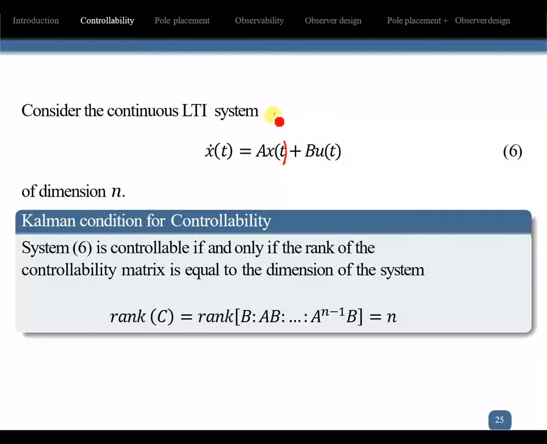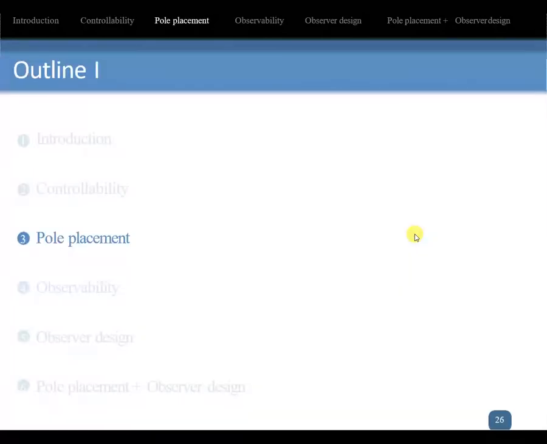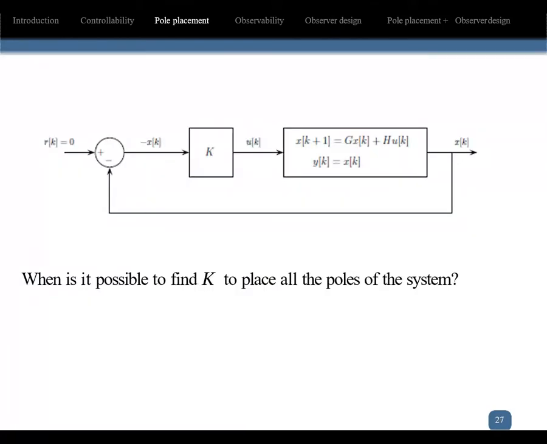Here is the matrix A, here is B; in discrete time it is G and H, and the matrix C is H, G H, and here B, A B, etc. The rank of C is equal to the rank of this matrix and should be equal to the dimension of the system.